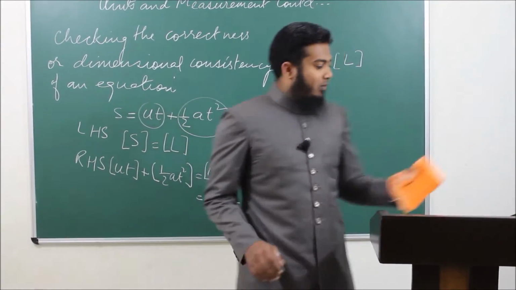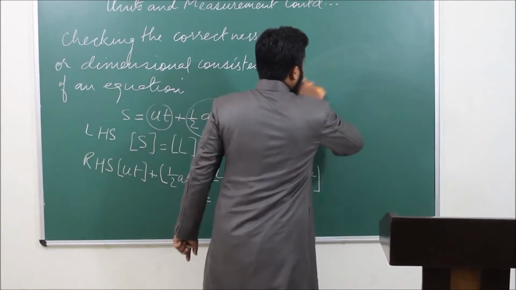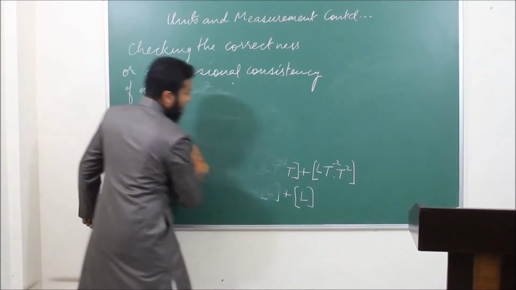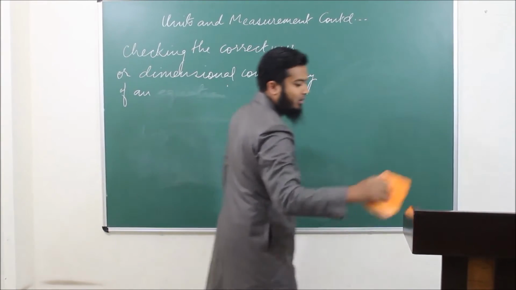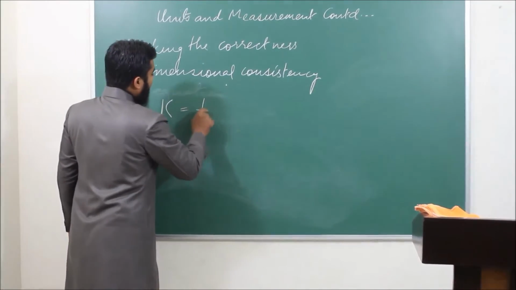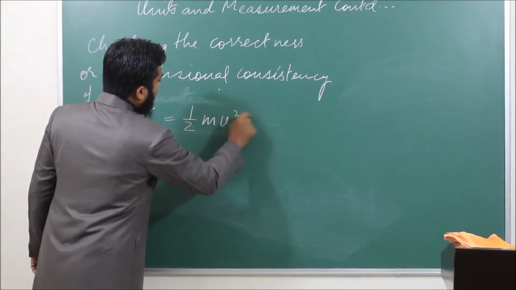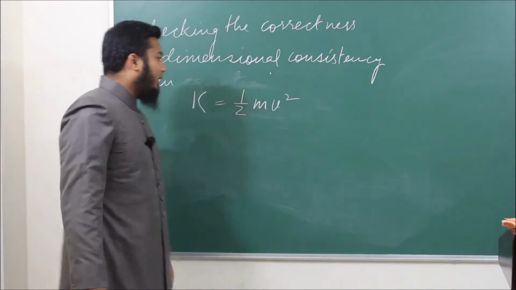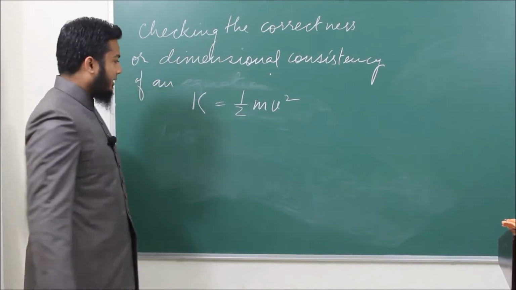We can take one more example, a simple one. You know the formula for kinetic energy, K is equal to half mv square. K for kinetic energy, m for mass, and v is the speed. Now let's check the correctness.